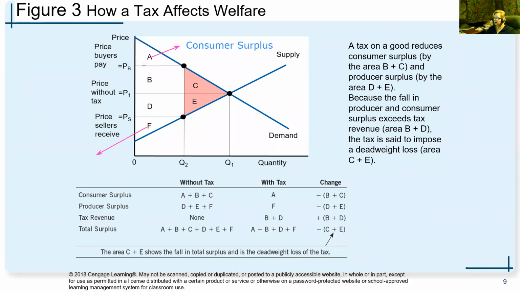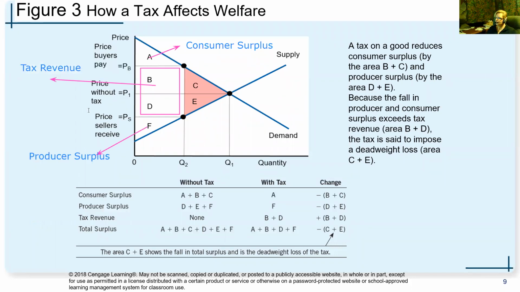Likewise, F here is going to be producer surplus. Notice how much that's reduced. Now it's been reduced by D and E. We now have a new box that we haven't seen previously, and that's B and D. And B and D represent basically tax revenue.